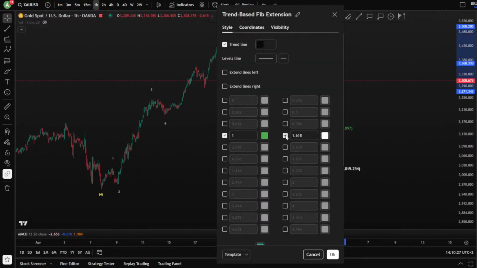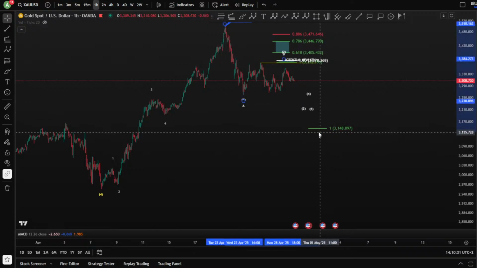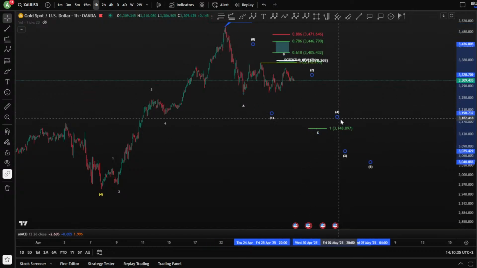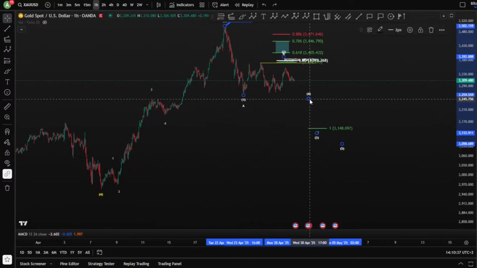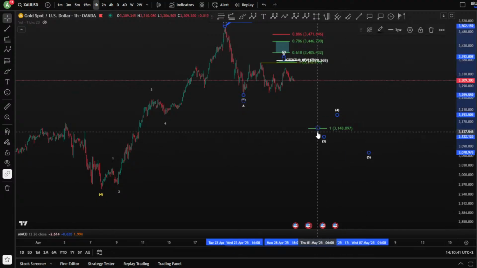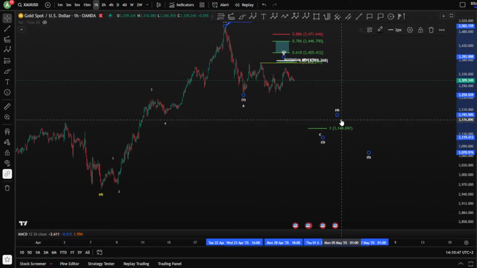Therefore, I just turn this off to make it less cluttered for you guys. And of course, I always have this in mind anyway. And this, of course, is going to finish a wave C potentially at the 1-to-1 fib level here. Now, normally wave C can be, of course, a wave 3 a little bit higher, but very close for a wave 3.